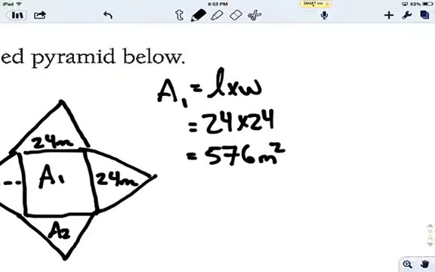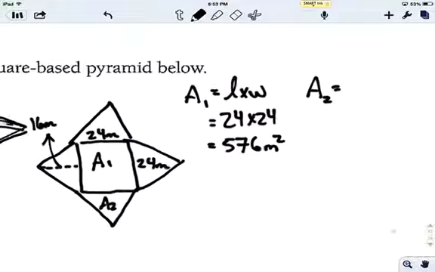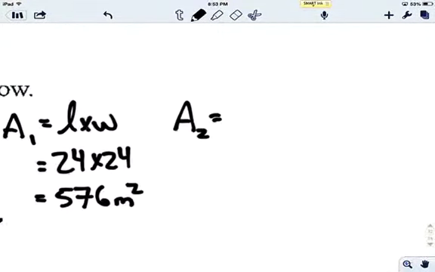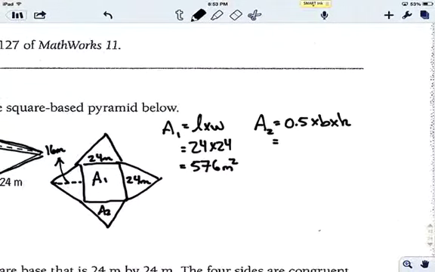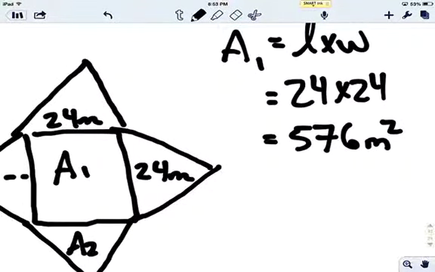Okay, and let's find one of those area 2s, and then we'll take that answer and multiply it by 4. So area 2 is just a triangle. So we're going to use the formula half, 0.5 times base times height. Now, the base on these triangles is this 24 value right here.